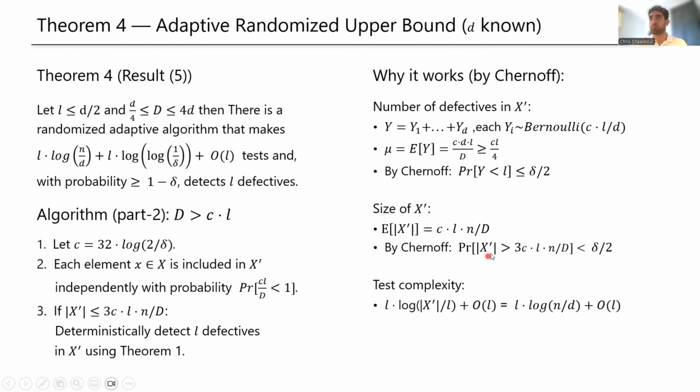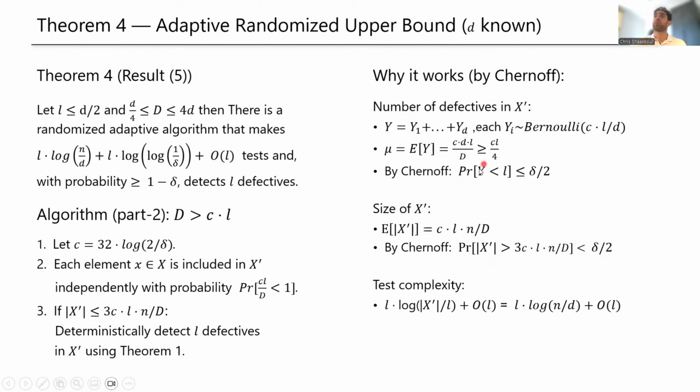And by Chernoff, we can prove that the probability of the size of X to be greater than 3 times CLN divided by D, which is 3 times the mean, is smaller than delta divided by 2, which is exactly the assumption we're putting here to prove the algorithm. So we assume this, and then we prove it using the Chernoff.